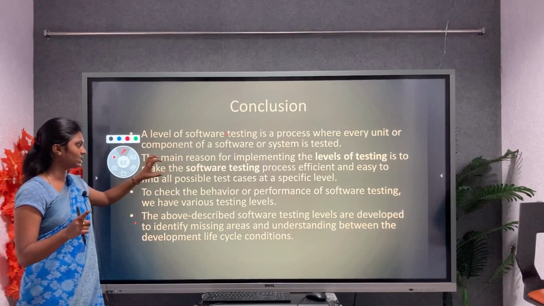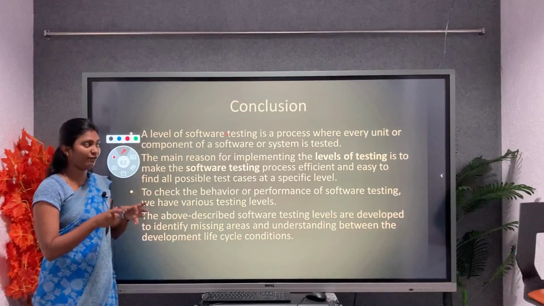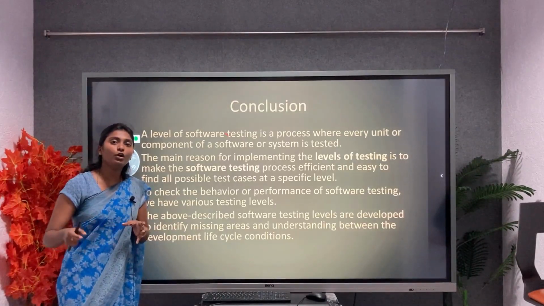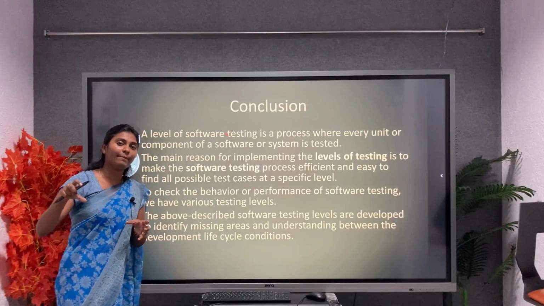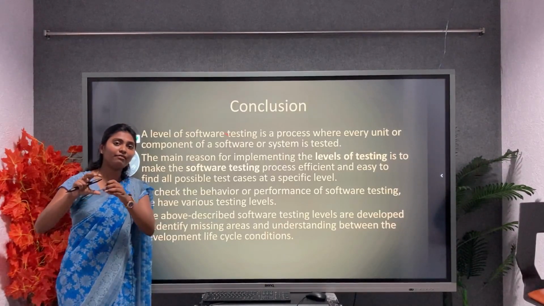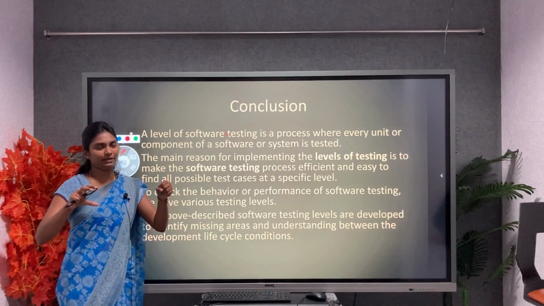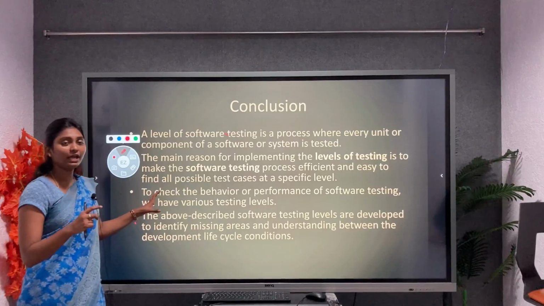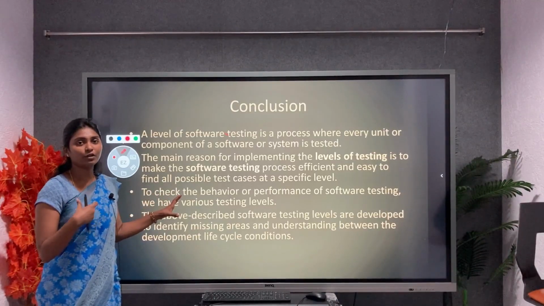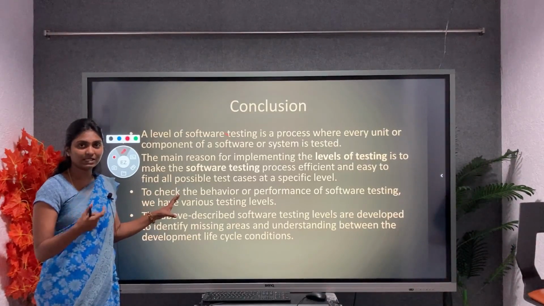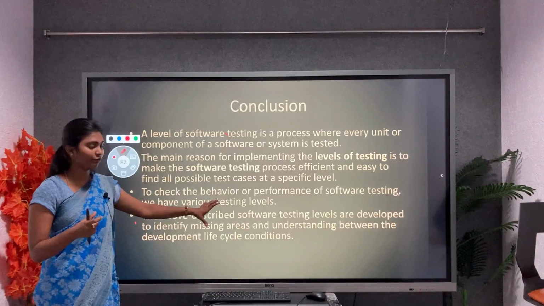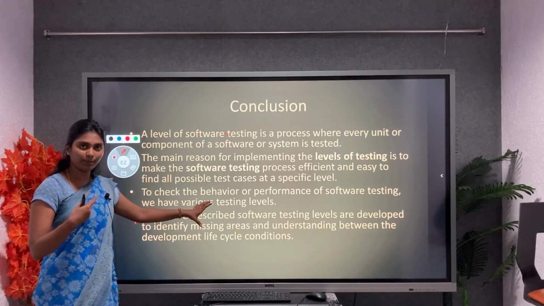Second point: in software testing we follow the SDLC phases, compare them, and develop the levels of testing. Third: the behavior or performance of testing depends upon the levels of testing and how they are implemented.